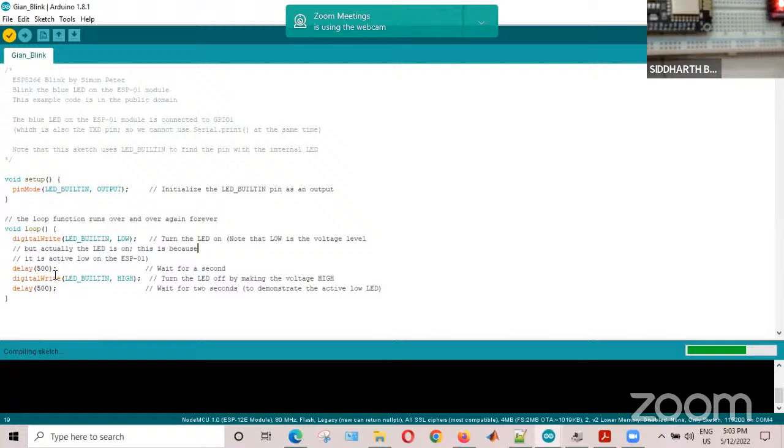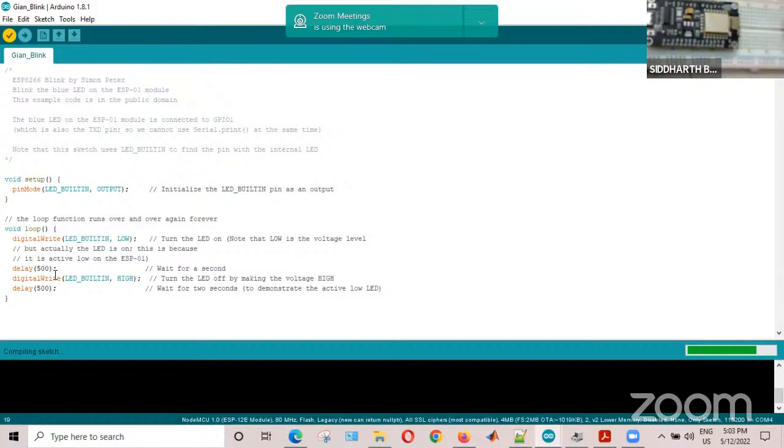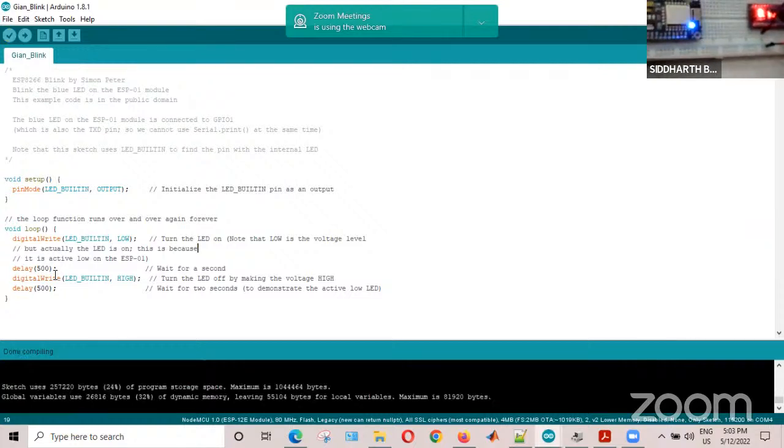So for half a second it is turning the LED off, and for half a second it is turning it on. It is still compiling the sketch, but the output will be the same. Therefore, we need not upload this sketch again on our Node MCU. So we'll directly move towards our presentation and see a real-time project that we did for industry.